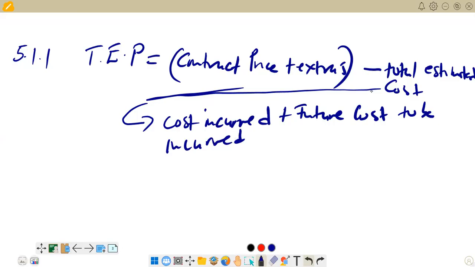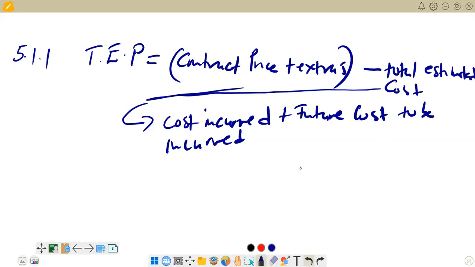So what we are saying is total estimated profit: we first find the total for contract price plus extras. When we find that total, we then subtract the total estimated cost, and the total estimated cost is found by saying cost incurred plus future costs to be incurred.